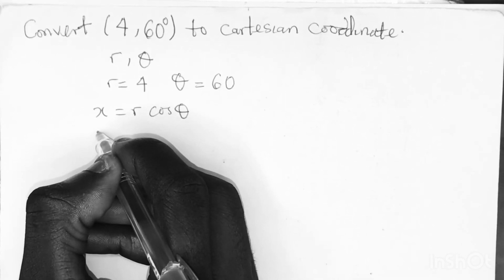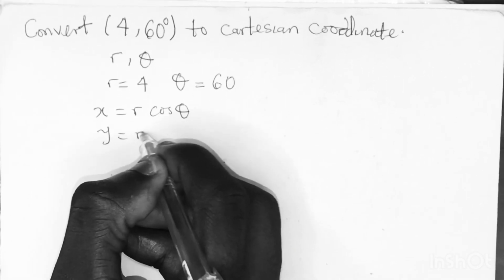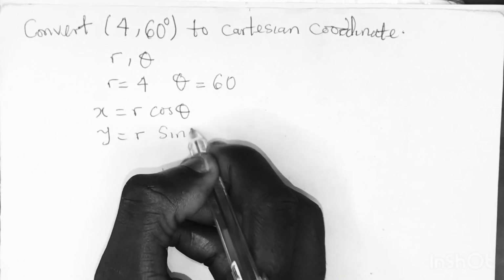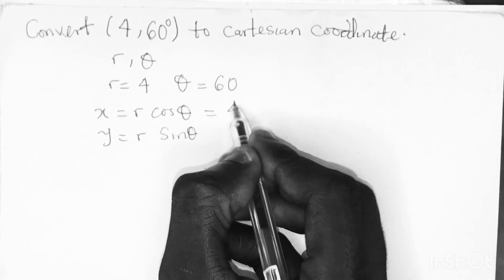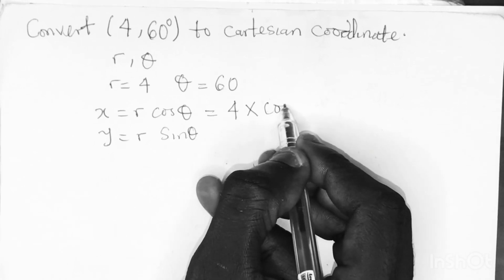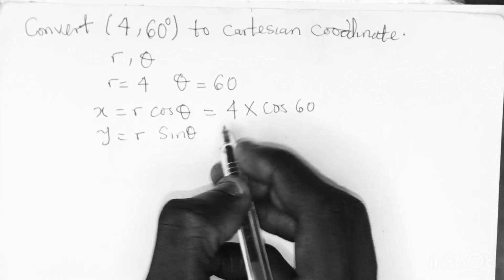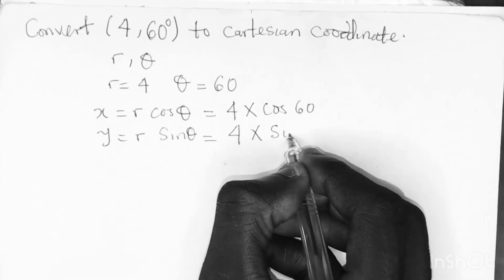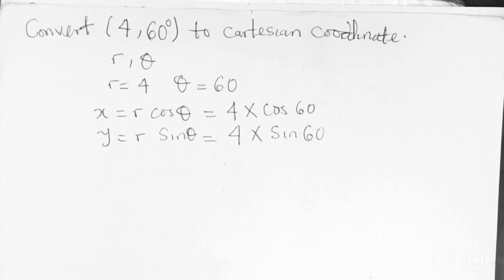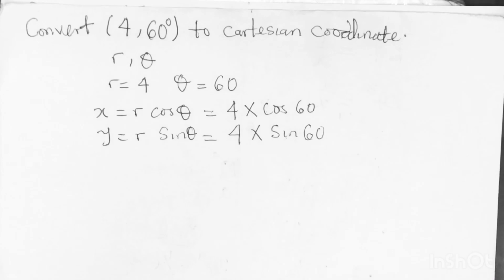For our y coordinate, it is R sin theta. So this will now give us 4 multiplied by cos 60, and here I will have 4 multiplied by sin 60.